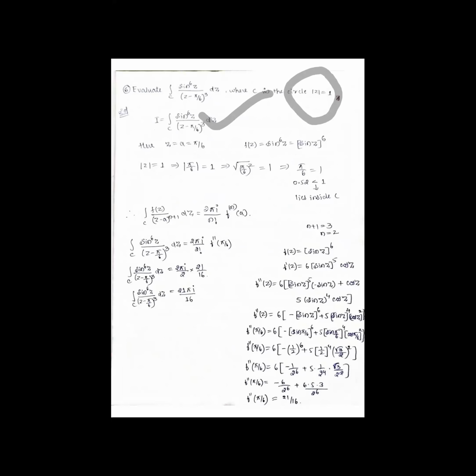Z minus A is there in the standard form, and only one term is there, Z minus A. So A is pi by 6. So Z is equal to A is equal to pi by 6, and f of Z means the numerator, that is sin raised to 6z, or else I can write sin z raised to 6. Both are one and the same here.